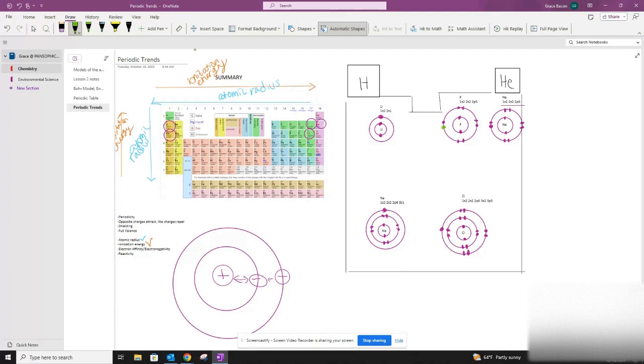So as we move across a period, our electron affinity is going to increase because these guys really want electrons more than they want to lose one. And then as we move down, now we have to think about shielding again. So this guy compared to this guy, they both really want one electron. You want one and you want one, but who wants one more is the question.